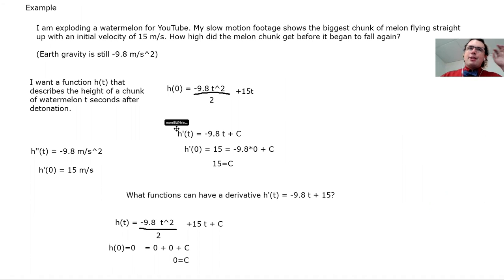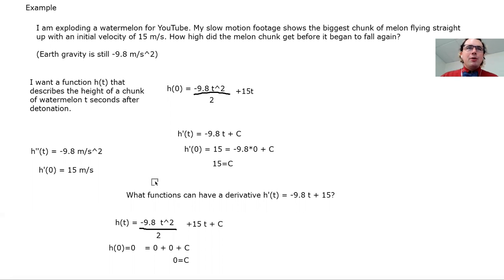Okay, again, the thing that I want here is the maximum height. How do I find a maximum? Oh, yes, I know how to find a maximum. Critical values, first derivative test, second derivative test. I know how to do this.